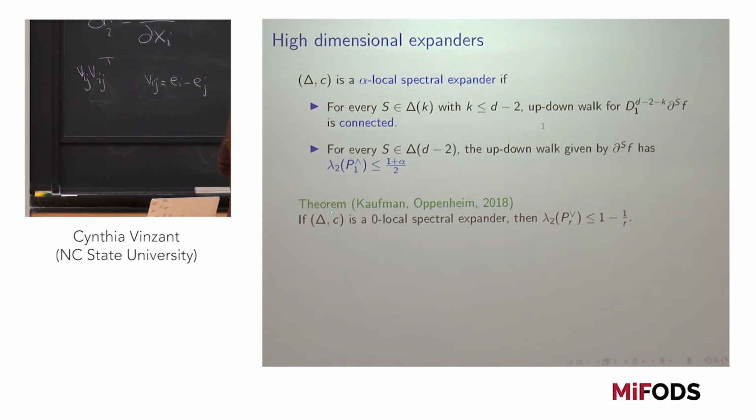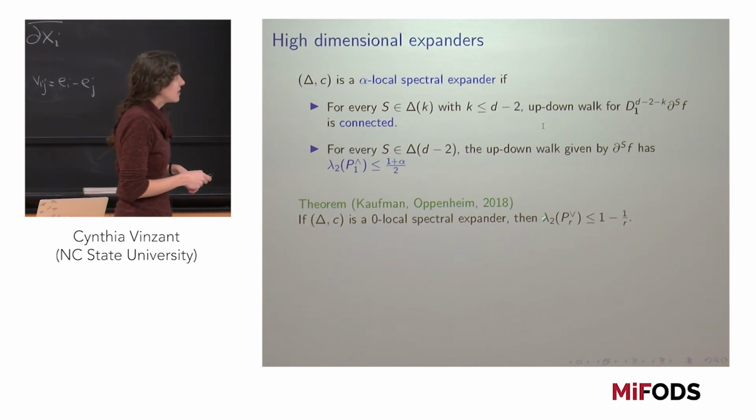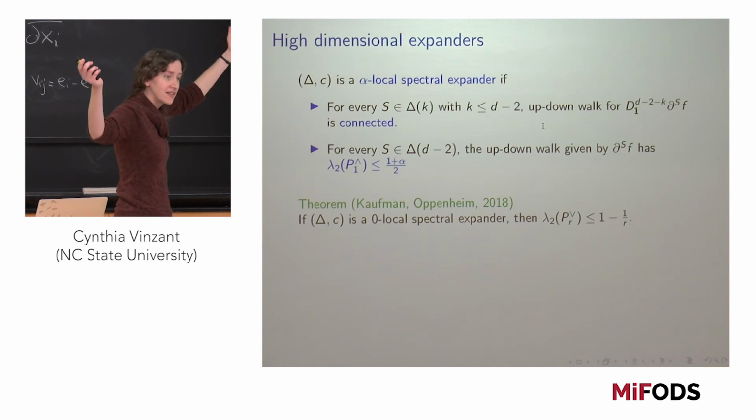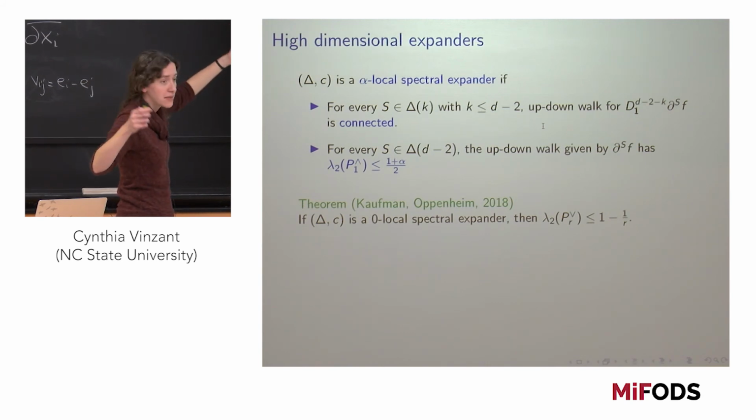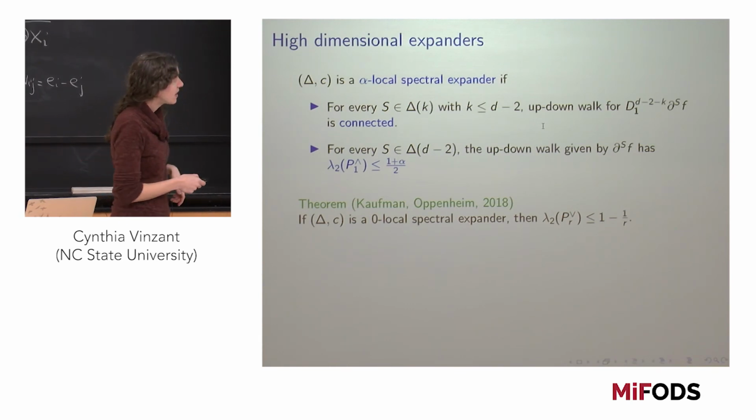So in particular, if the simplicial complex and the weights are a zero local spectral expander, then the second eigenvalue of this giant transition matrix you get for the down-up walk on the top dimensional faces is bounded away from 1.